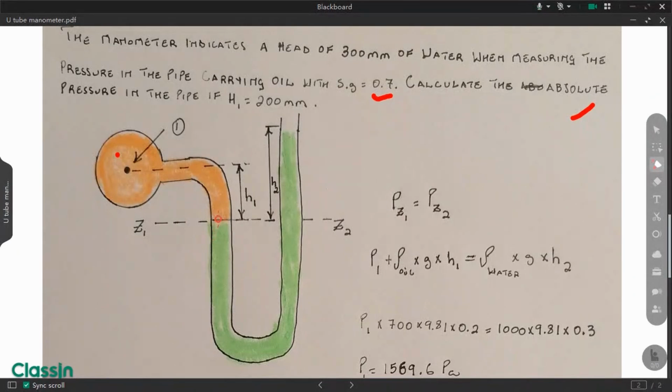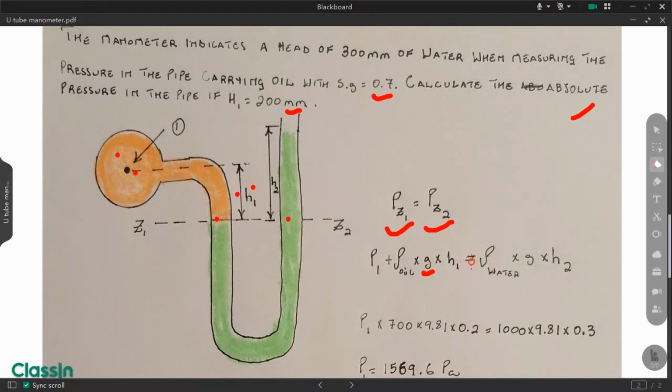So pressure at Z1 will be equal to pressure at Z2. So pressure at Z1 is equal to the pressure in the pipeline plus the density of oil, which we're going to convert from the specific gravity, multiplied by the gravitational acceleration, g 9.81, multiplied by the pressure head, which is H1. We are also told H1 is 0.2 meters.